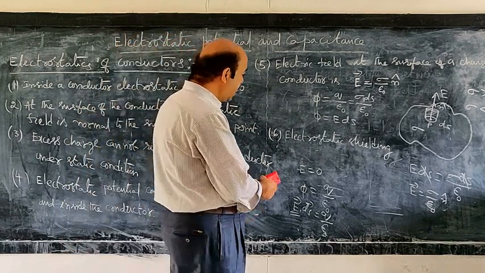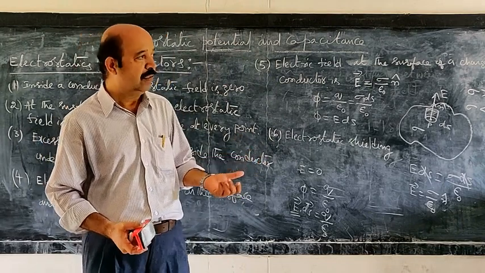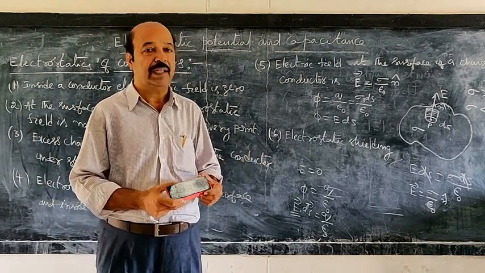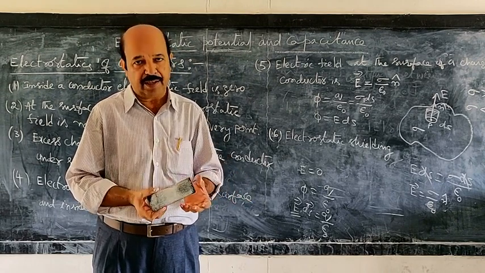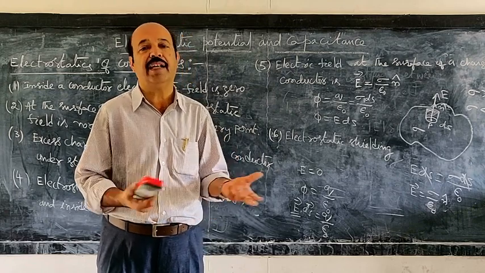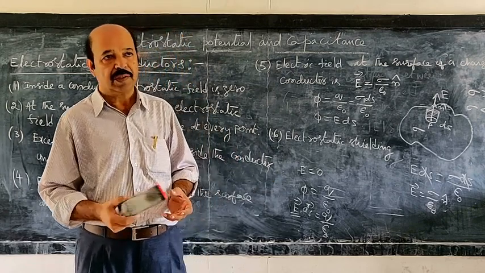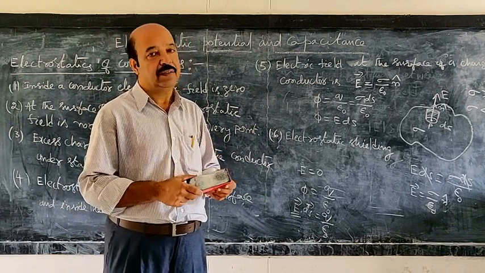Then what is electrostatic shielding? It was already explained while discussing the electric field inside a uniformly charged spherical shell. Inside that, at every point, the field is 0. That was already explained when we discussed Gauss law.